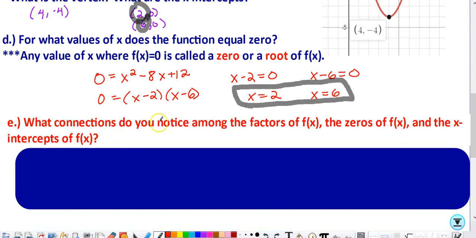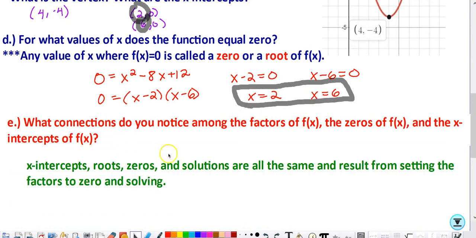What connection do you notice among the factors, the zeros, and the x-intercepts? They're all the same. It's kind of just a summary of what I just verbally said. The x-intercepts, the roots, the zeros, and solutions are all the same, and they result from setting the factors to 0 and solving. Pause the video here to write that down into your notes.